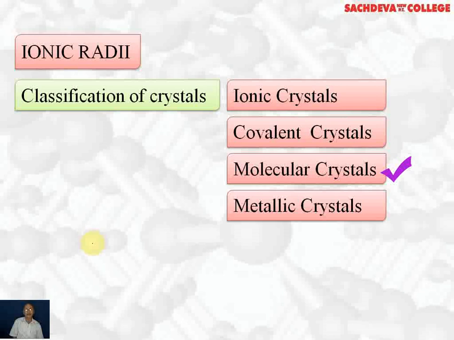Examples of molecular crystals are ice, iodine, camphor, benzoic acid. Due to weak force of attraction, their melting and boiling point are quite low and they do not conduct electricity. They are directional in nature like covalent crystals, whereas ionic crystals are non-directional in nature and exist in the form of three-dimensional crystal structure.